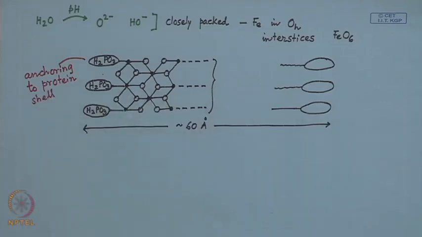So, we have the protein structure, then the phosphate groups come out from the protein cell and you have the inside. Depending upon the amount of iron being injected within the hollow cavity of the protein cell, you have a continuous growth of this. So, it is basically a typical assembly process.